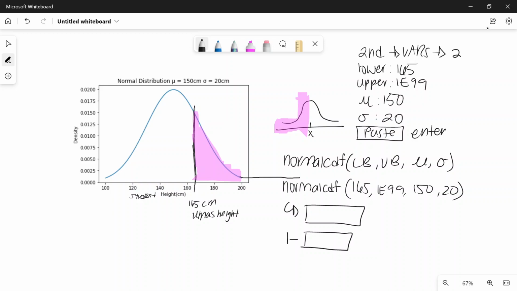It's always going to calculate the area to the left of that point, but then you do specify where you want it to be. Usually you would want to do 1 minus. Hold on.